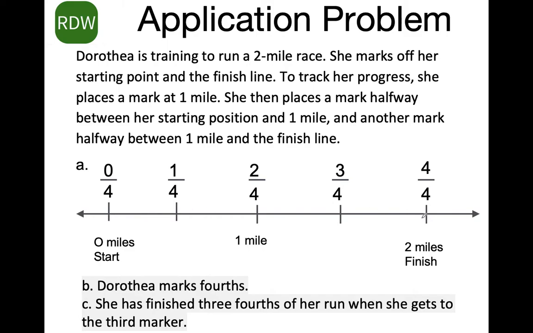And when she finished her whole race, this is one whole race. She split up her race into 4 equal parts. So Dorothea makes fourths, and she has finished 3/4 of her run when she gets to the 3rd marker. So this answered part C.